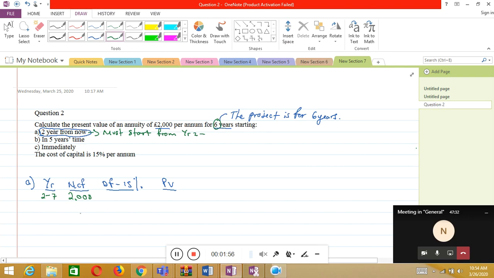The problem is the discount factor. Remember, you need to find the discount factor from year 2 to year 7. How are you going to find that? Very simple. Let me put it in a timeline so it's easy to understand.